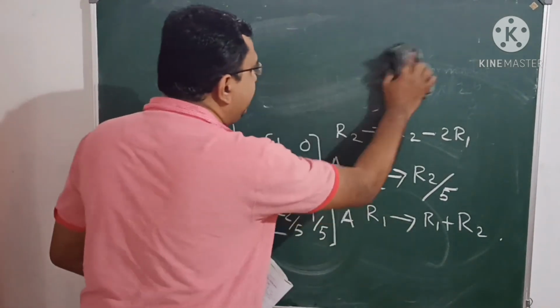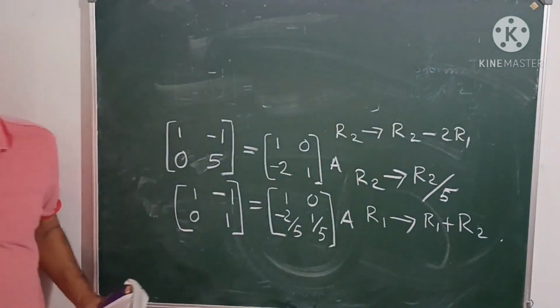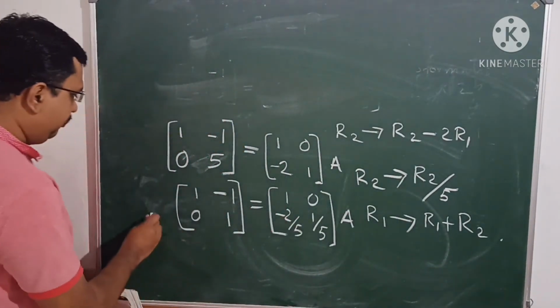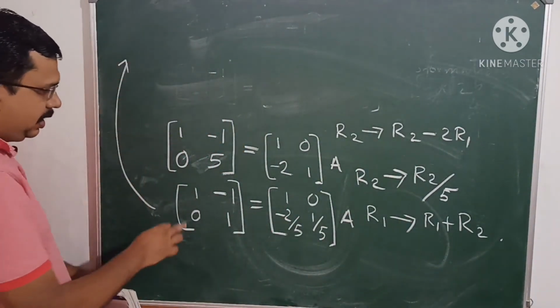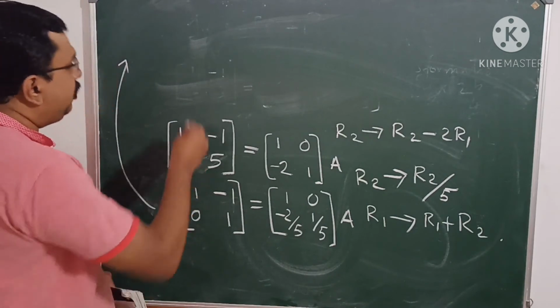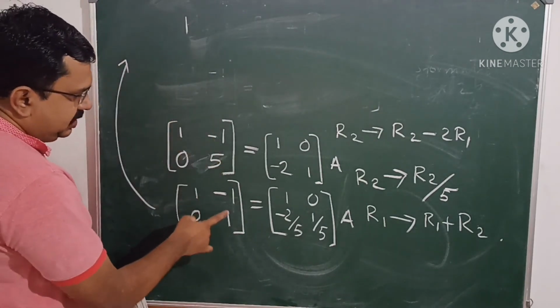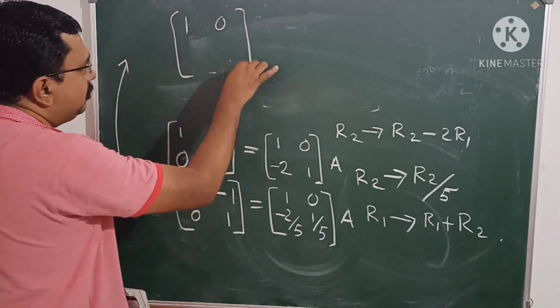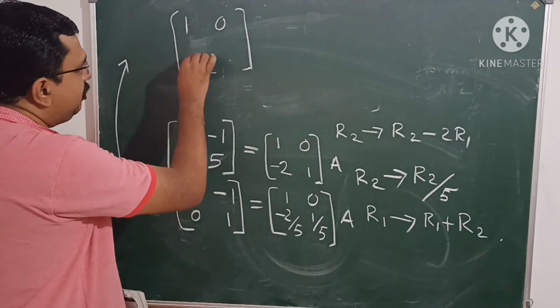R1 plus R2: 1 plus 0, 1. Minus 1 plus 1, 0. Then the remaining is 0, 1.